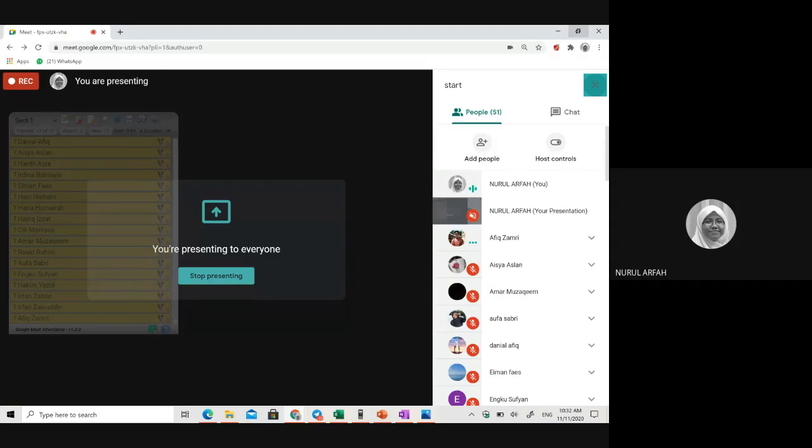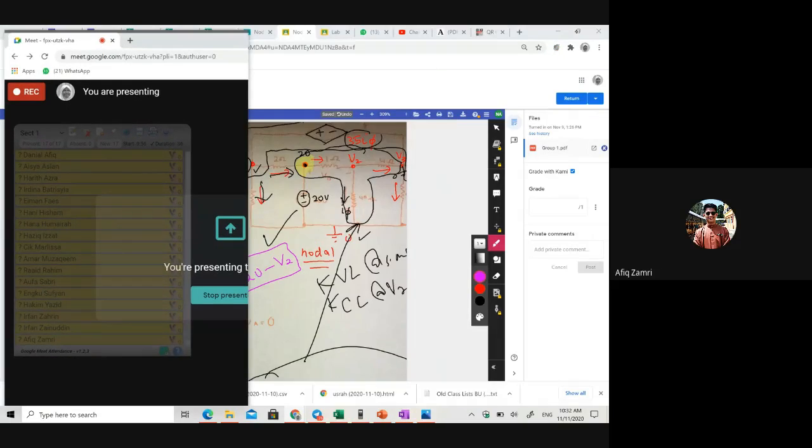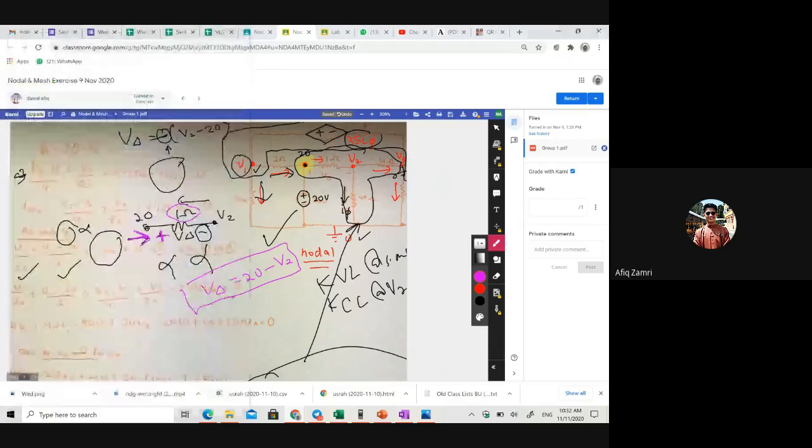Do you need to divide by 1? No, madam. I think that is for current. Yes, that one is for current, right? Current is equal to voltage over R. And we don't need the resistor because we want to find only voltage, so only the voltage difference. Okay, very good.